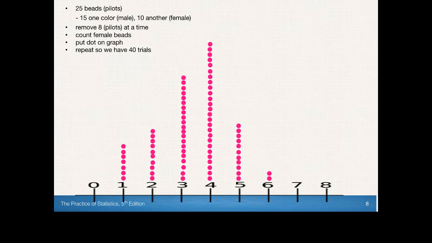So here is our data, and you can see that it peaks at 4, which maybe makes sense because that's half as many as beads were drawn. Later on, we're going to look at actual probability of these things and then calculate how sure we are that the data was a good representation.